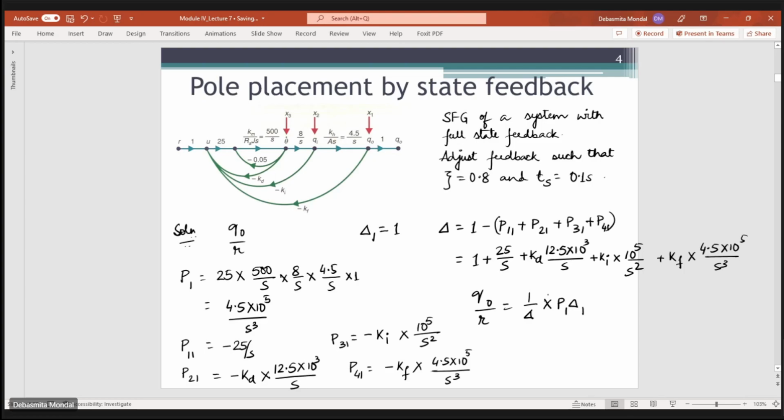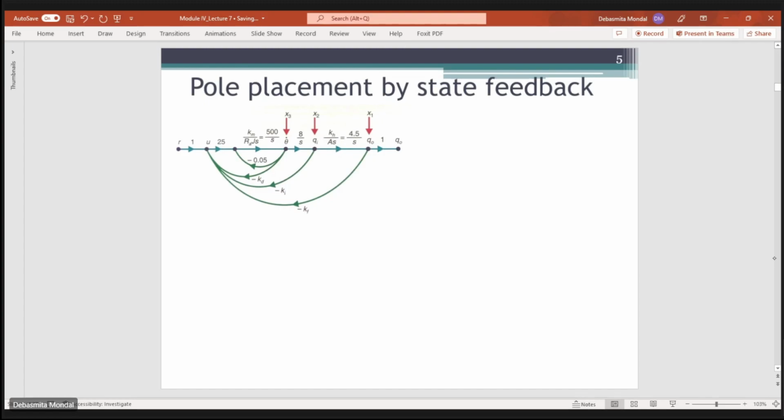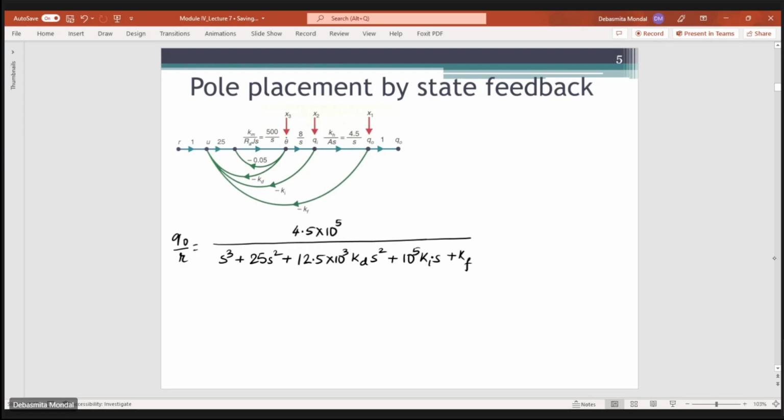Next, for this equation, this Q0 by R, the expression will be 4.5. So this is the overall transfer function of your system.